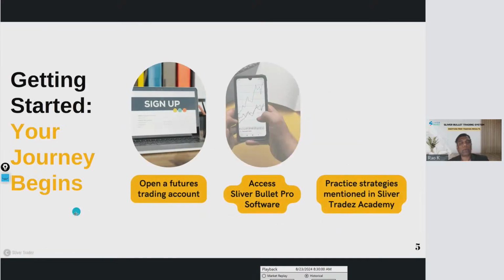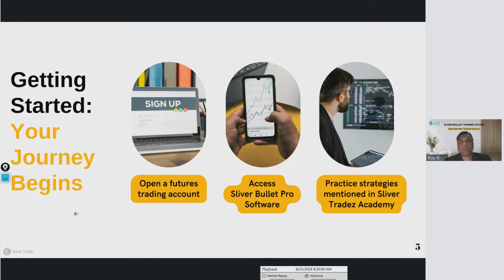How do we get started? Now that we understand the business model and what to trade, how do we get started? It's easy. Open a futures trading account. We recommend Ninja Broker. They are a premier futures broker; they have brokerage, but they specialize in futures, and they have a very good platform.